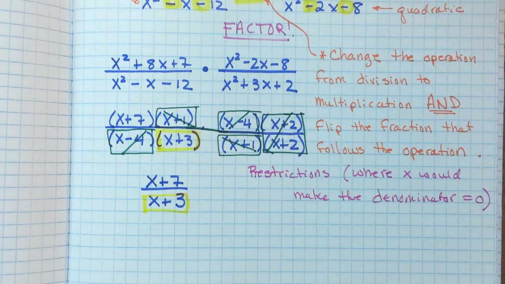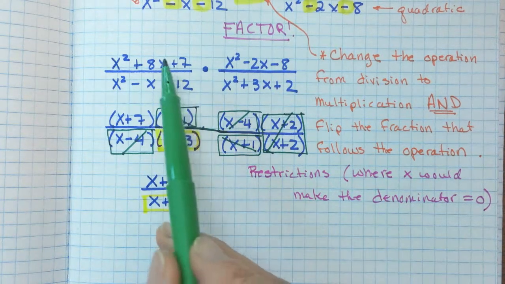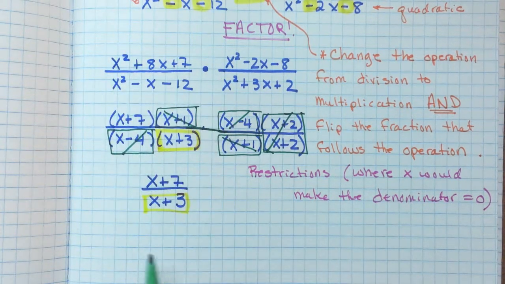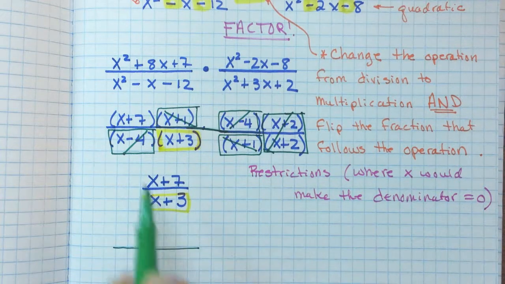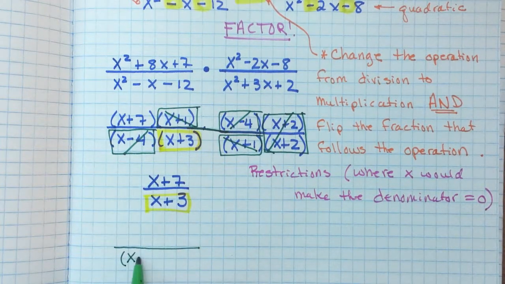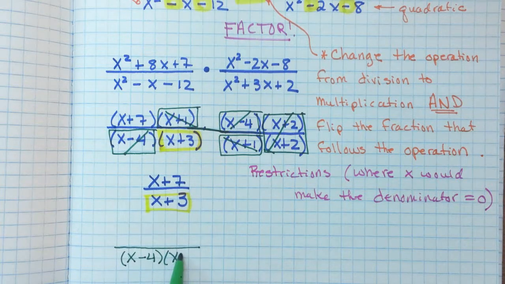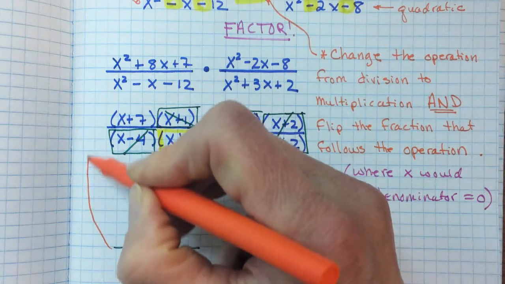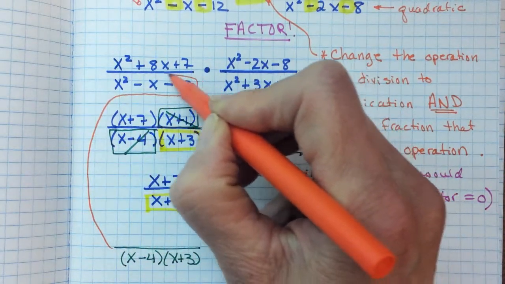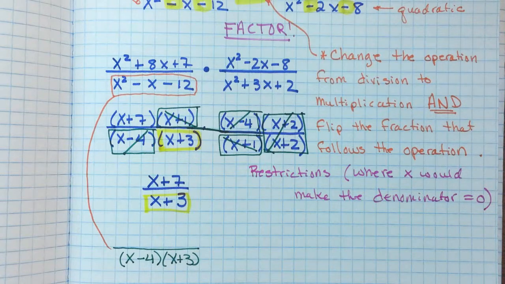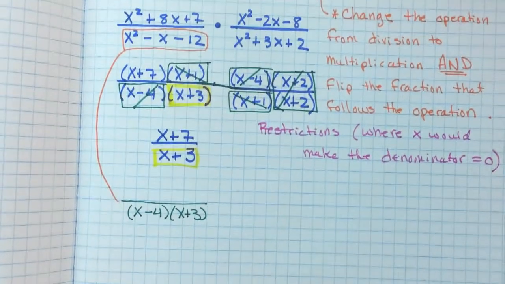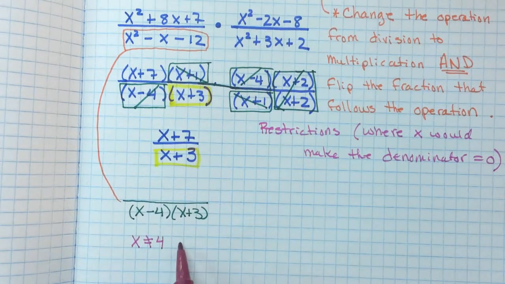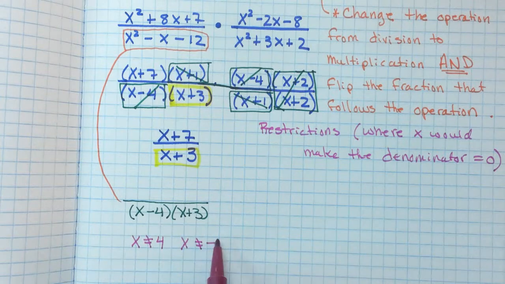So actually I'm going to back up a little bit, and we're going to look at just the restrictions for our first fraction. In our denominator, we had x minus 4 and x plus 3. So notice I am looking up here at the restrictions in that denominator. That would mean that x cannot equal 4 and x cannot equal negative 3.